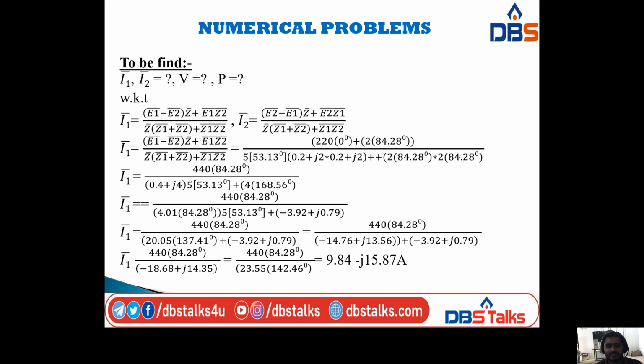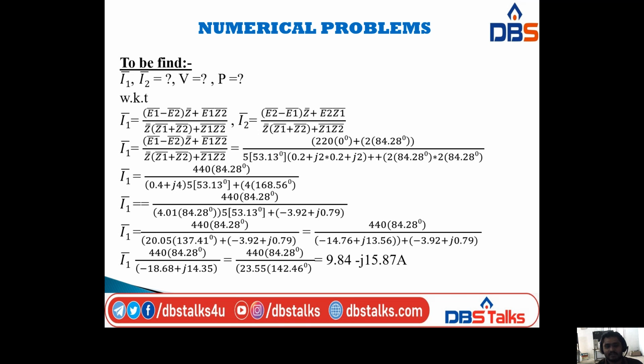After simplifying this we have 440 at an angle of 84.28 divided by, after simplifying this one, converting this 0.4 plus J4 from rectangular to polar form, we have 4.01 at an angle of 84.28 into 5 at an angle of 53.13.